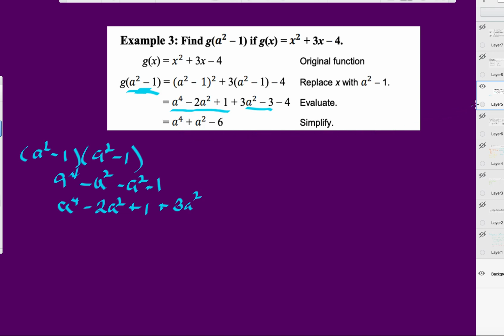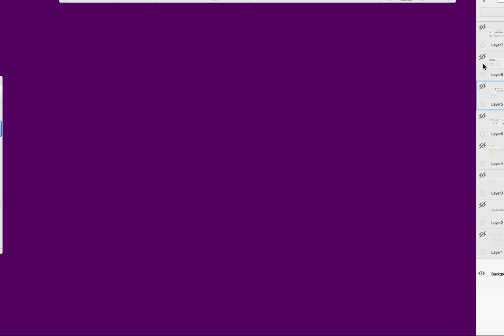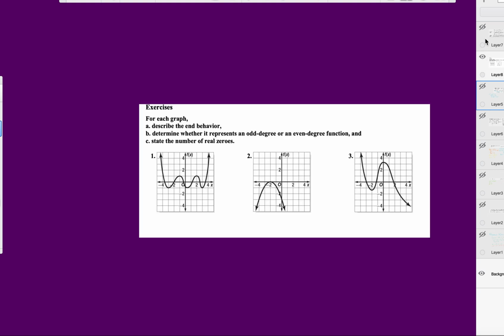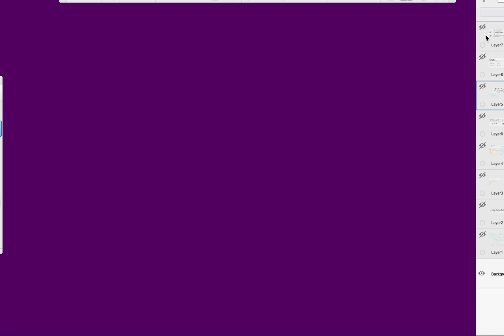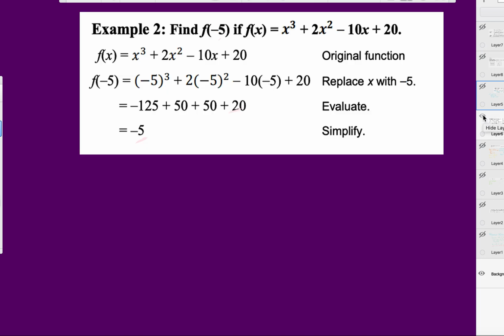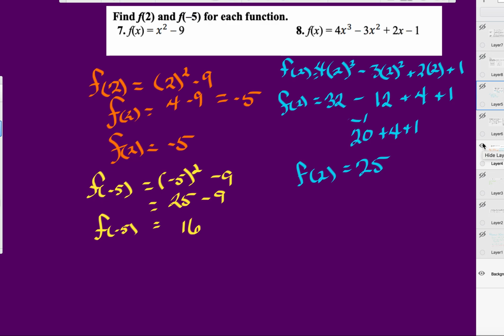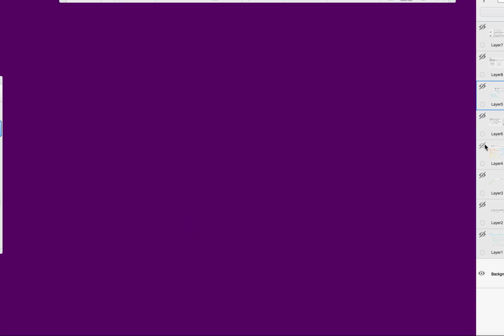Okay, now I think if I can do this right, I'm trying to find the right page. That's not the right page. Go away, page. Go away, page. Uh-oh, I think I've lost it. Ouch. Well, I don't have one.